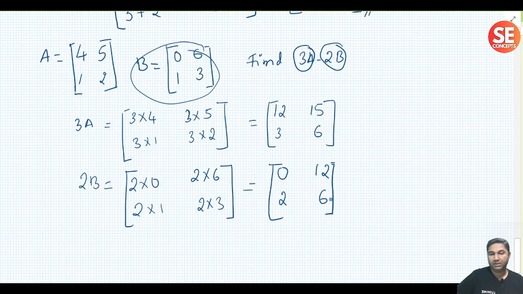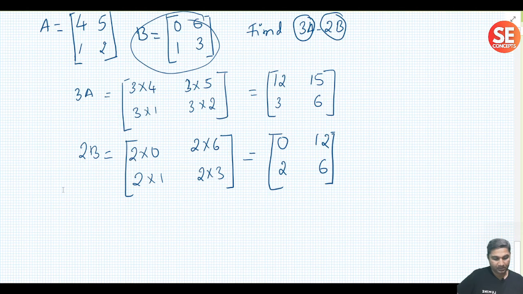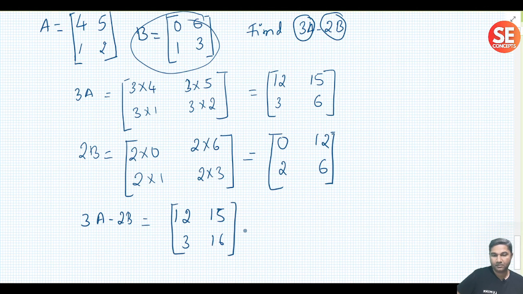Very simple. Now we have to find 3A minus 2B. This is your final answer. So it will be the same 12, 15, 3 and 6, and whatever sign is there, I am putting that sign.